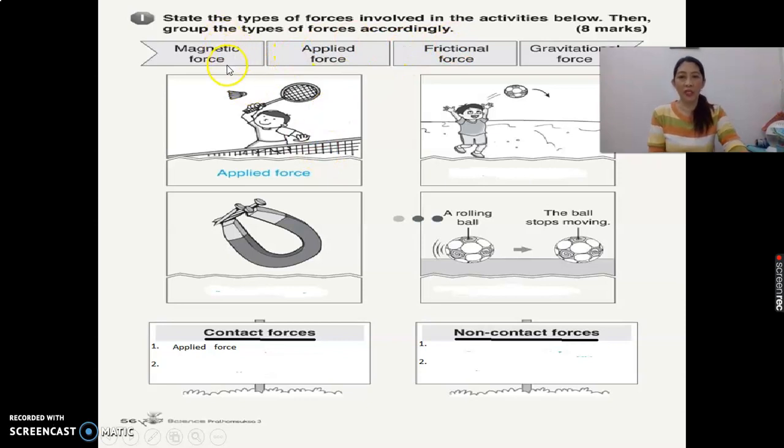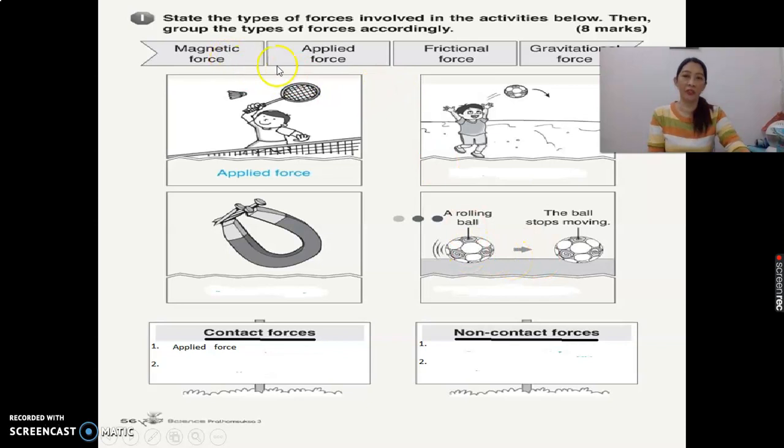We have magnetic force, applied force, frictional force, and gravitational force. Number 1 is applied force, which is already answered. Number 2, what is this? Magnetic, frictional force, or gravitational force? Then this one: magnetic, frictional force, gravitational force. And the last is the opposite direction.